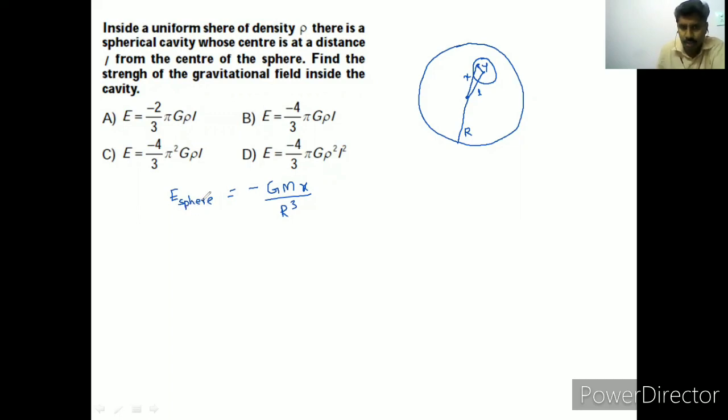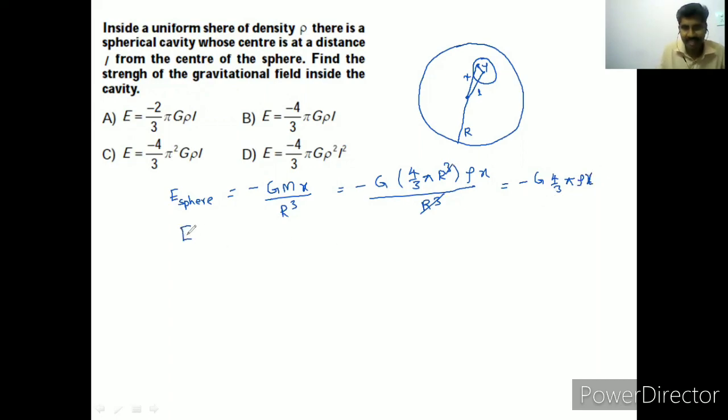Mass is volume into density, so minus G times 4 by 3 pi R cube into rho into x by R cube. R cube cancels, and we get minus G 4 by 3 pi rho x.